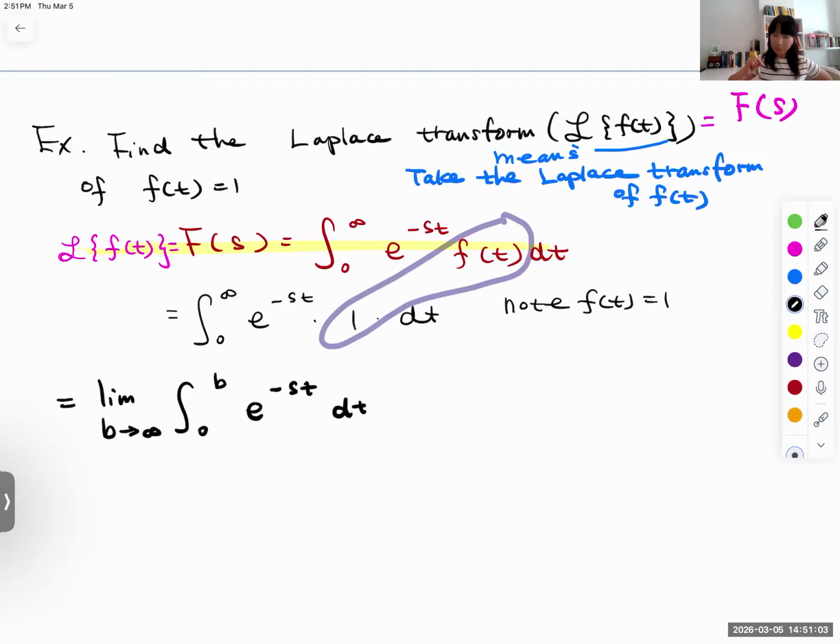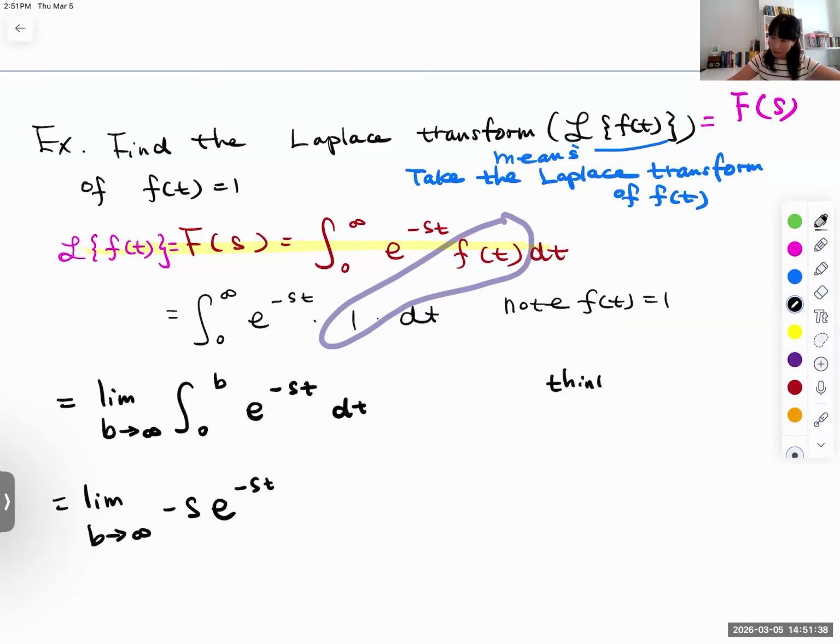Okay, now let's just integrate. Think about how we integrate. s is a real number, right? So the limit as b approaches positive infinity, integrate. We have e to the negative st, and because of the negative s, we are not taking a derivative, so we divide by negative s.